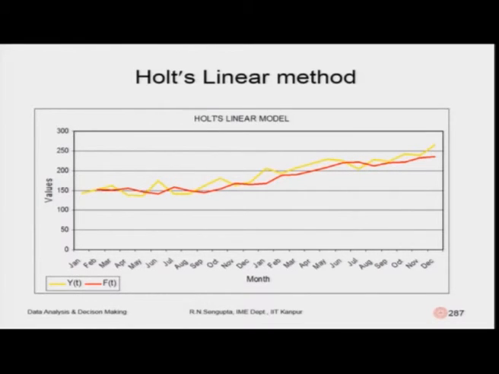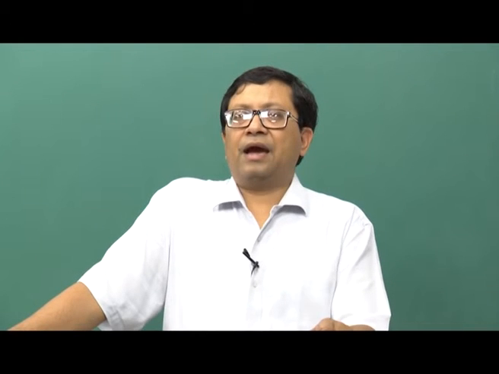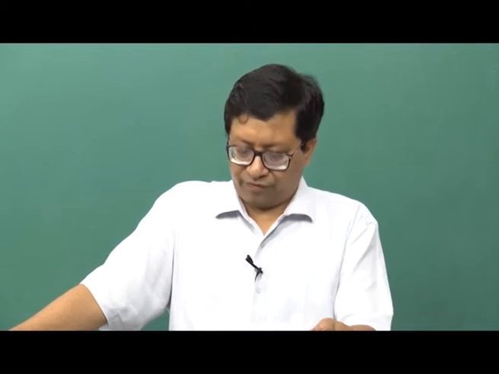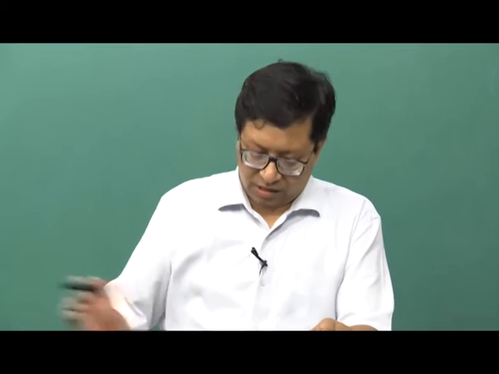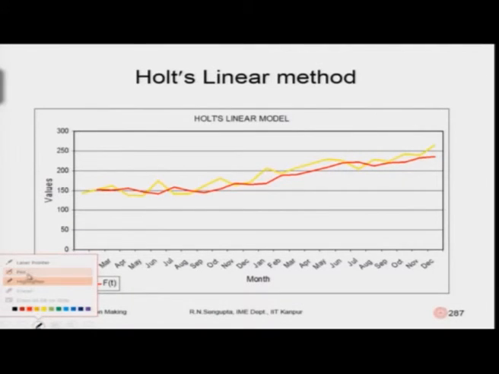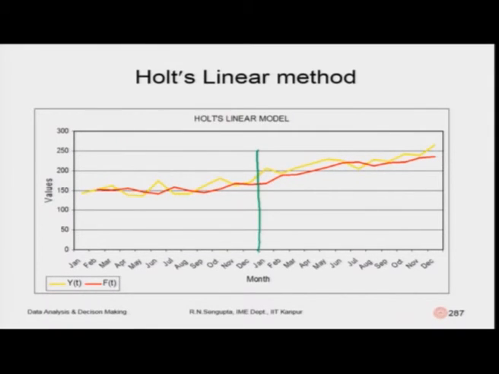For the Holt linear method, I have plotted the values for the alpha and beta which I have taken. The yellow one and the red one are the lines for the actual value and the predicted value. The actual value for this set of problems is denoted by Y, and the predicted value is denoted by F, with suffix t being the time period. If you see the differences, if I consider January as a straight line, this difference is the error for the middle of January, December.